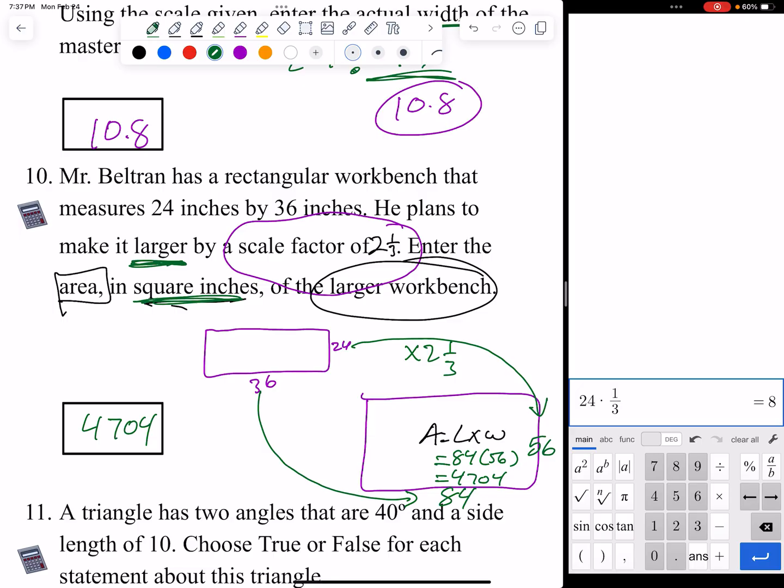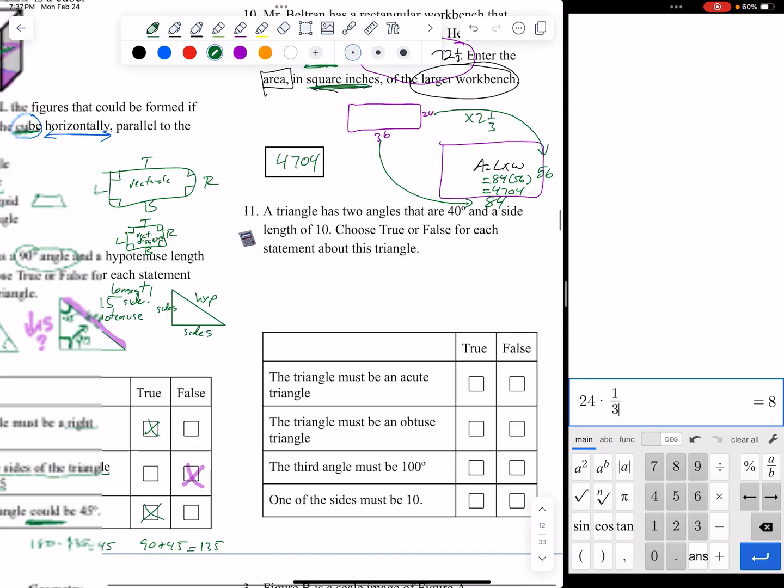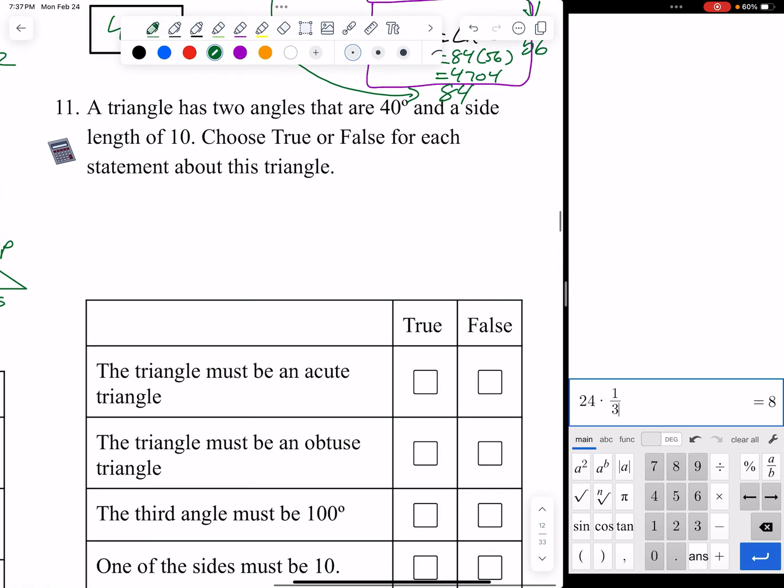All right. Okay, last one, number 11, right? Yep, then it's geometry. I use a calculator, so I'm going to leave my calculator. A triangle has two angles that are 40 degrees. All right, so I have a triangle. Two angles are 40, and a side is 10. So here's the thing.